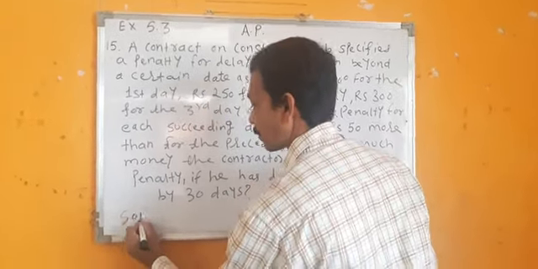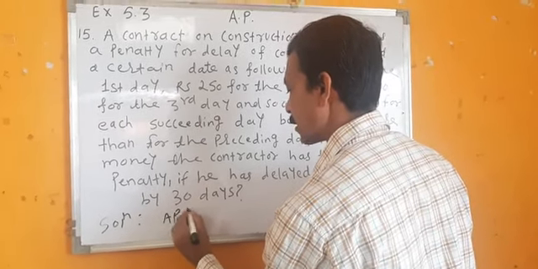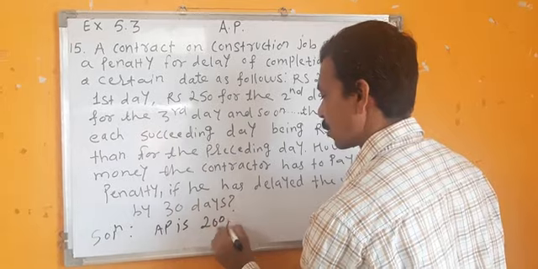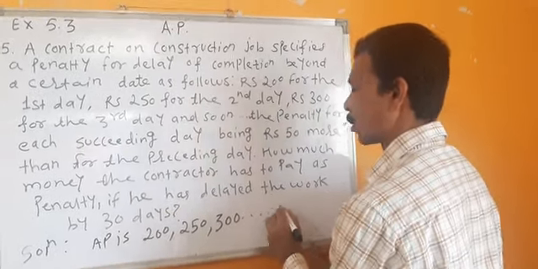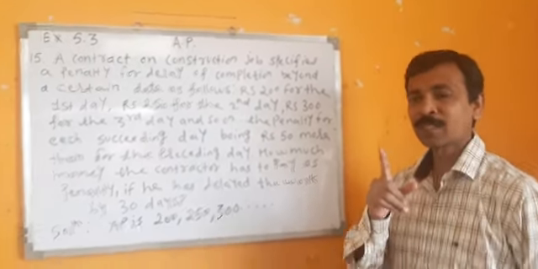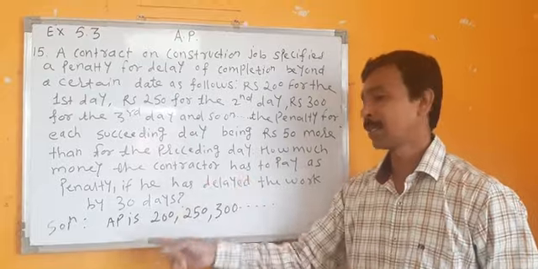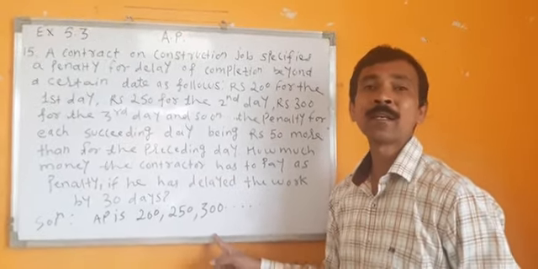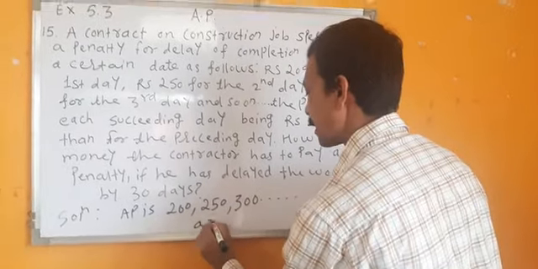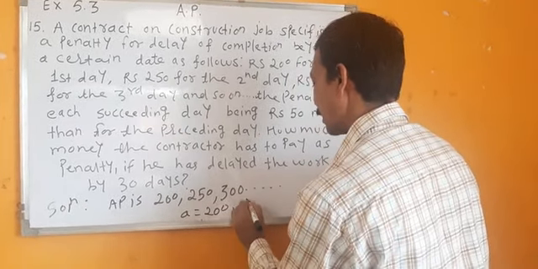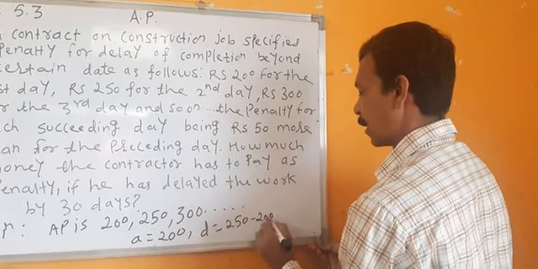But I'll write the AP. How much is it? 200, 250, 300 and so on. Because it is said on the first day penalty is 200, second day it is 250, third day is 300. So it is an AP. Why is it an AP? Because the difference is 50, right? a is equal to 200, d is equal to 250 minus 200.